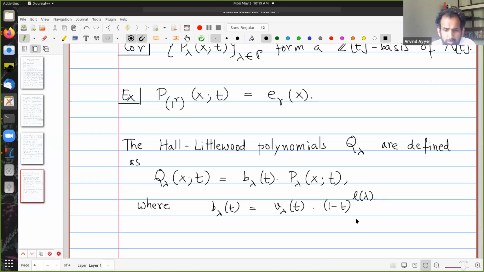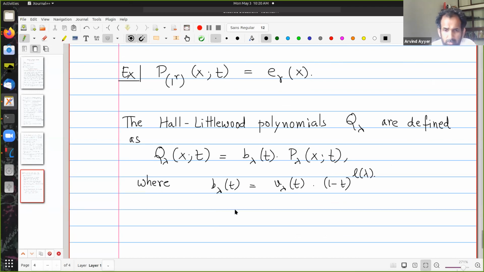Okay, and you can write it also as a product over i greater than or equal to 1. Now since I'm using infinitely many variables, this is m_i(lambda)_t factorial times (1 - t) to the power. When you just expand it out, this part will give you V lambda.